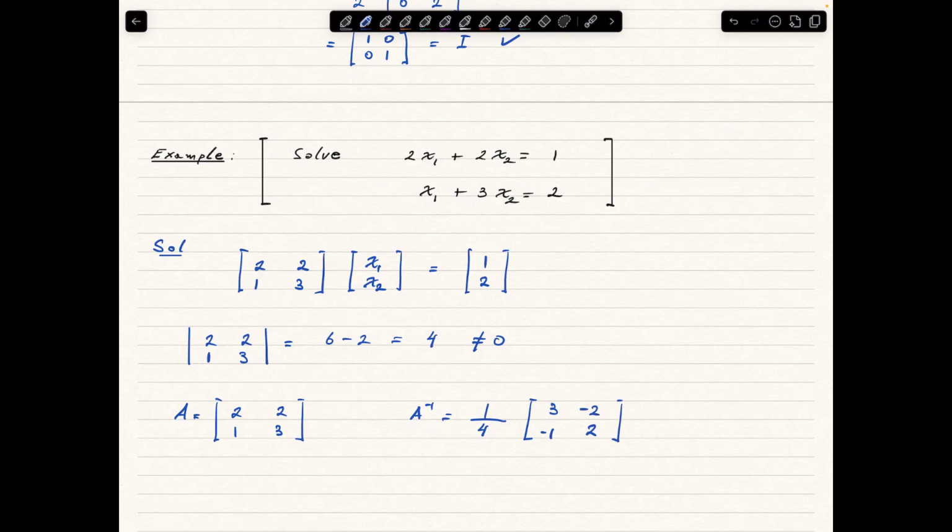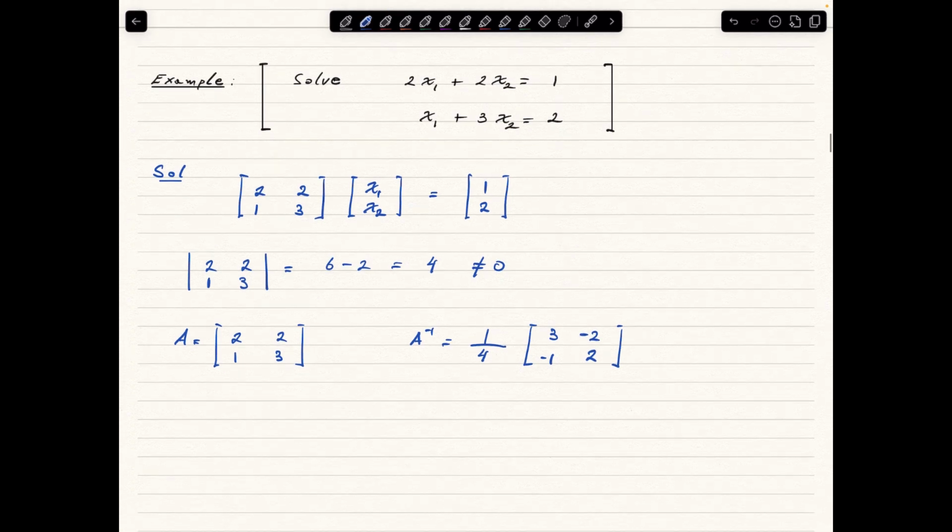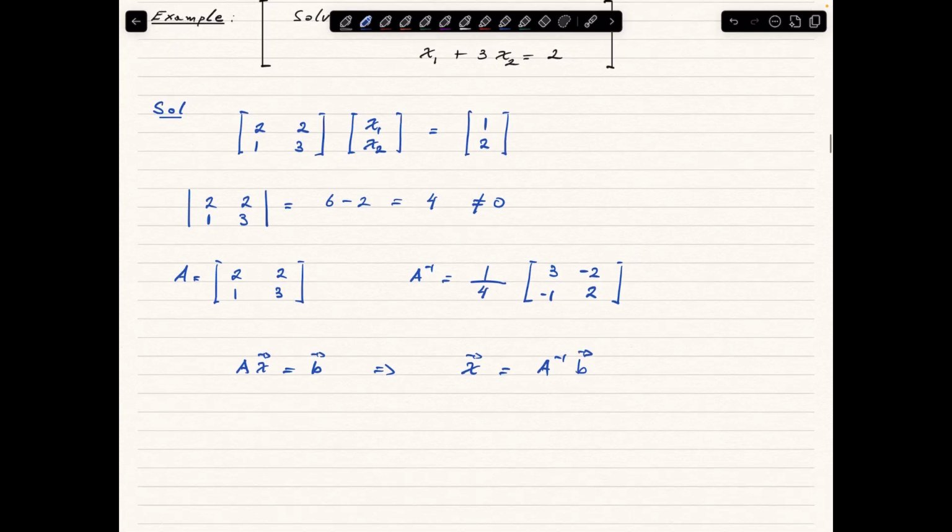That is the inverse matrix. And with that, then we know that if we have our original system written as Ax = b, well, this is a vector and this is a vector, that implies x is A inverse b.